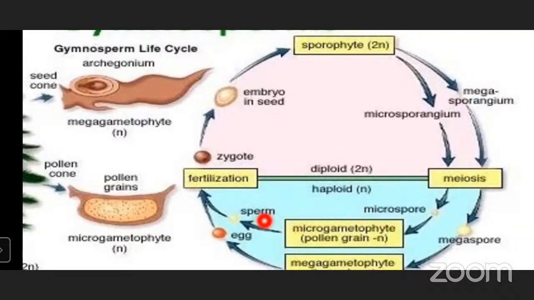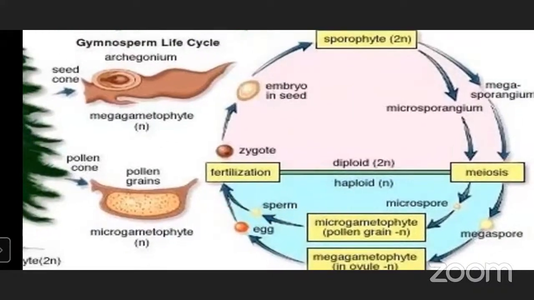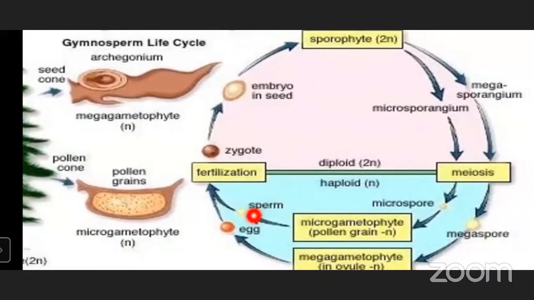The male gametophyte produces the male gamete. The female gametophyte produces the egg cell. At the time of fertilization, the male gamete fuses with the egg cell. It results in the formation of a diploid zygote. The diploid zygote develops into the embryo along with the seed. This embryo along with the seed germinates to again form the sporophytic plant.